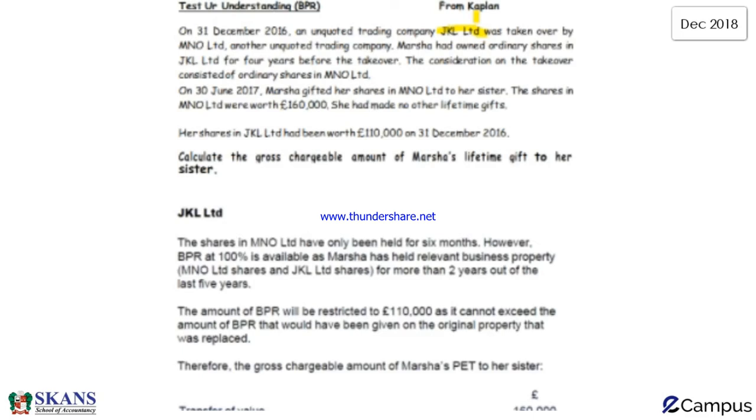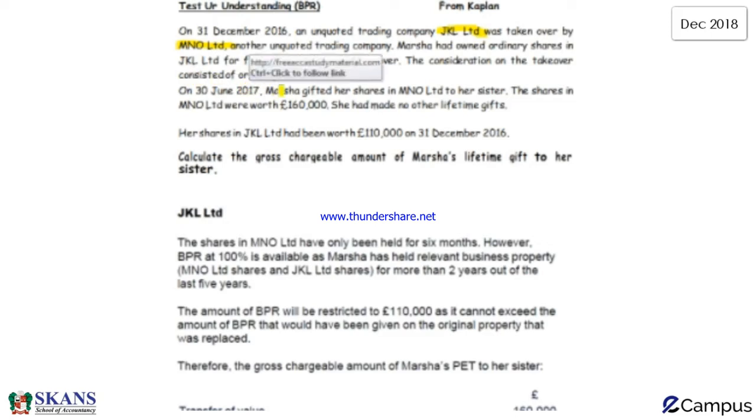That means your client would have owned JKL Limited shares and they have now been replaced with MNO Limited shares. She owned the previous shares for a complete 4 years, and the consideration on the takeover consisted of ordinary shares in MNO. So she owned the previous shares for 4 years, and now she has new shares, which are a replacement of the previous ones.